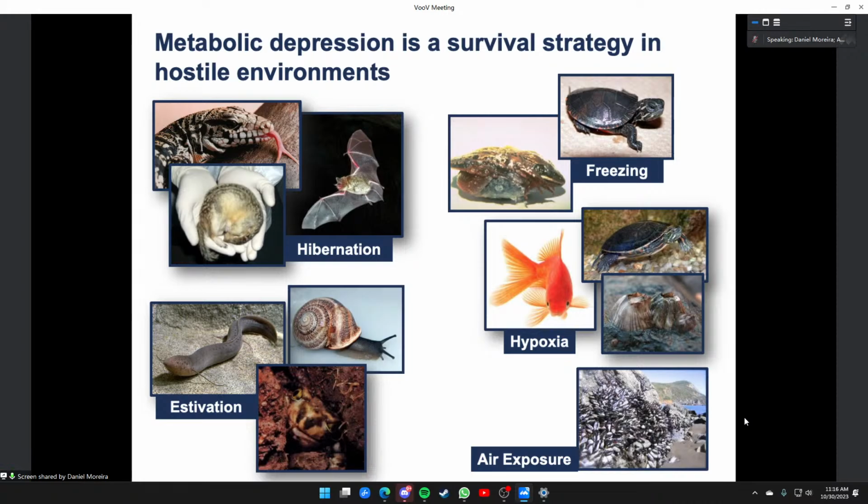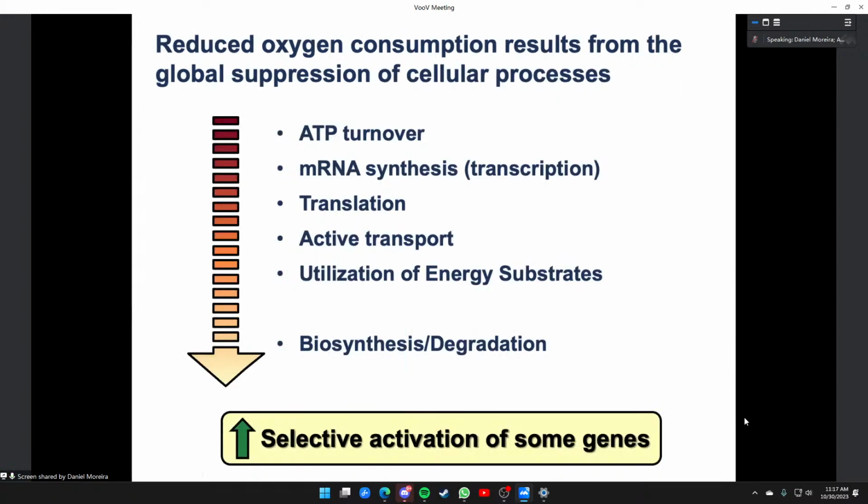We have several examples, from hibernation to estivation, freezing, hypoxia, and air exposure of aquatic organisms. Animals suppress their metabolism by decreasing the rate of ATP expensive processes. The idea is to spare resources and prioritize only critical pathways or processes for survival.